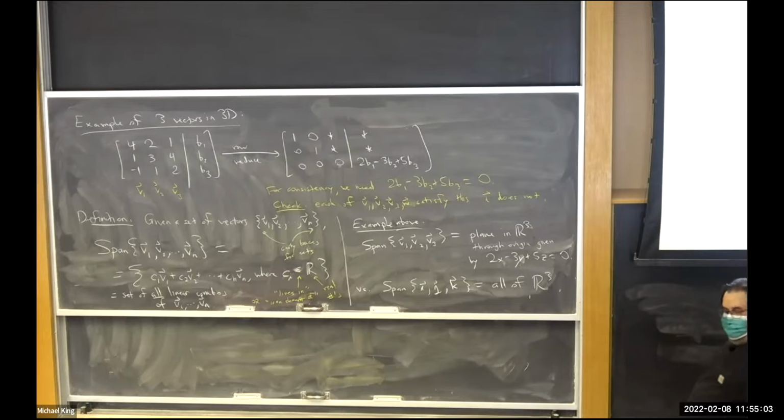So you can get different answers depending on the vectors, like if they're related to each other. The fact here was that v1, v2, and v3 had some relationship to each other, which is why they all lived in the same plane. That's why it didn't span everything. Does that make sense?